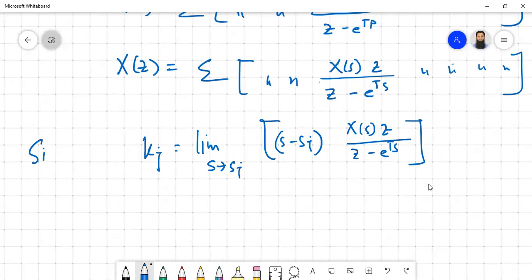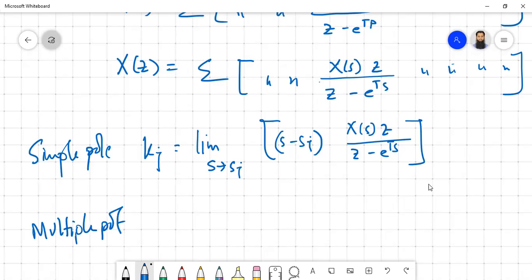So this is in the case of the simple pole. In the case of a multiple pole, say a multiple pole at s equal to s_i of order n_i.